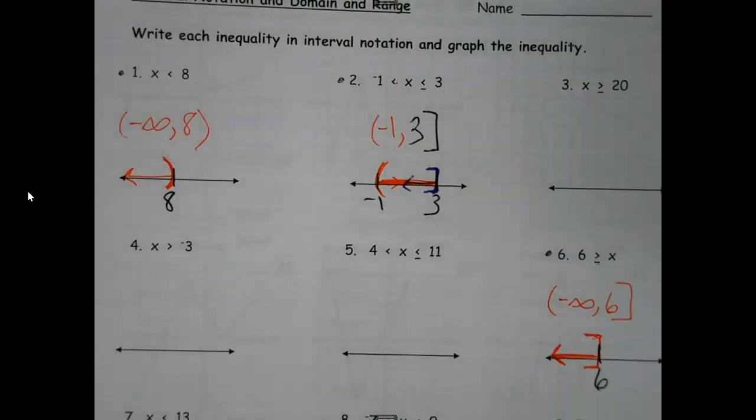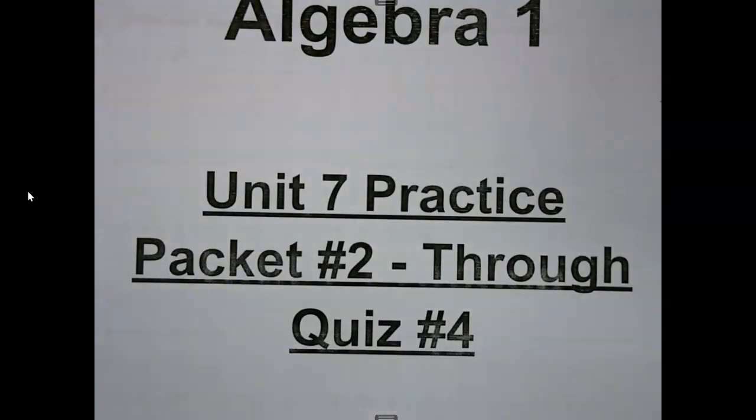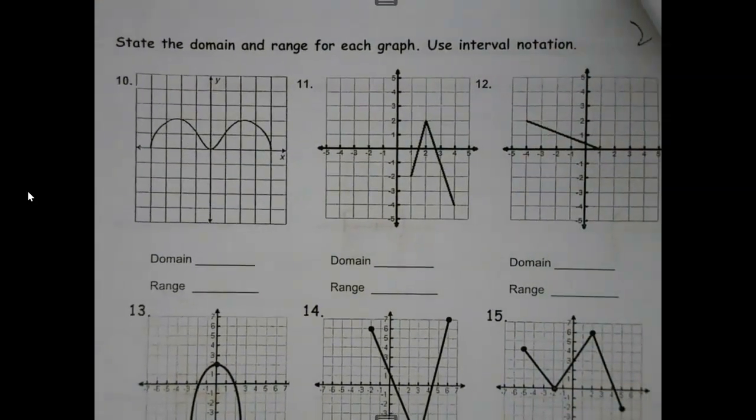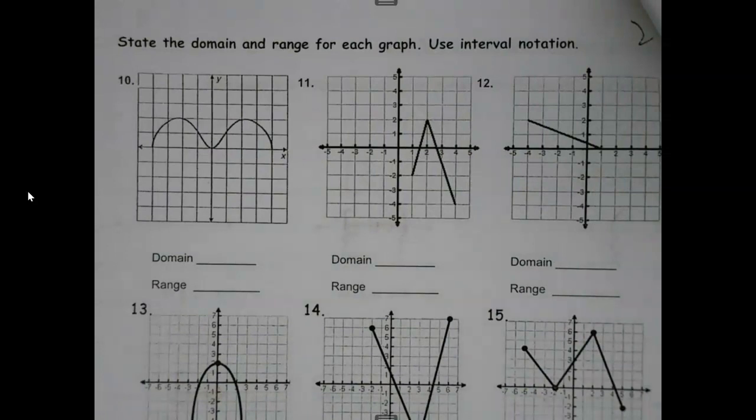So we're going to knock those out, and then over on the back here. I'll flip it back over in just a sec. Okay. When we're doing domain and range, if you don't see a very visible arrow, there's not one there.